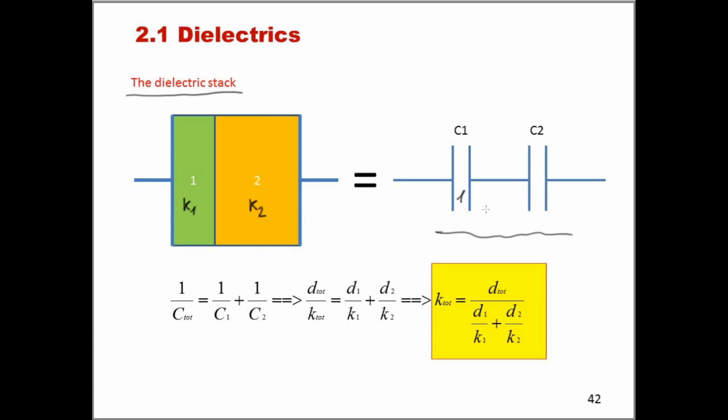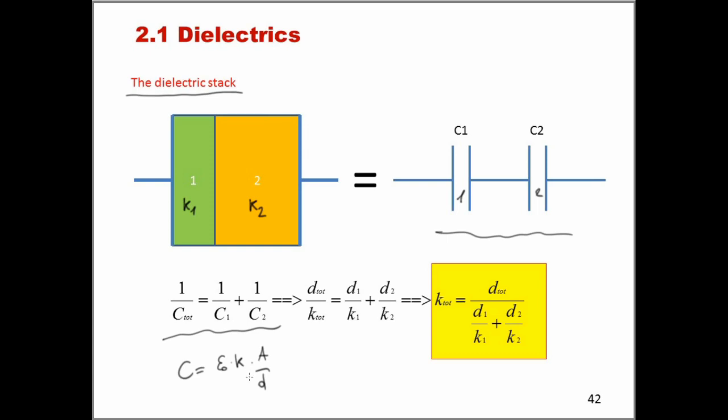C1 with material 1 and C2 with material 2. And so we know how to calculate the total equivalent capacitance here. We use obviously this formula, and if we recall that C is epsilon 0 times K times A over D, we can replace the capacitances with the corresponding symbols.